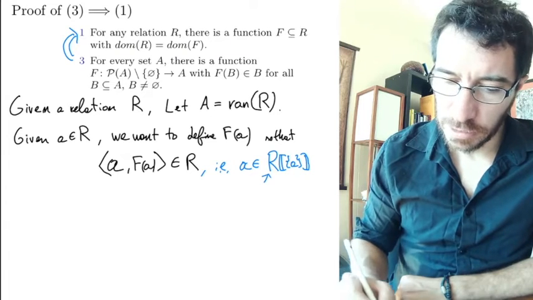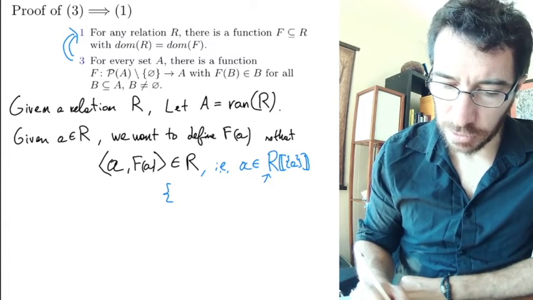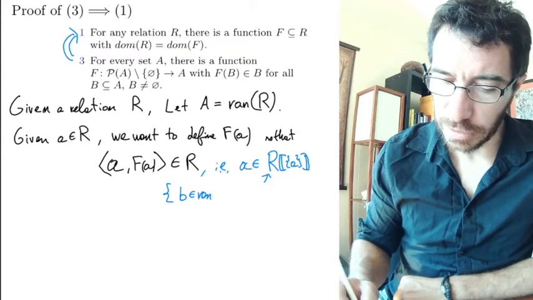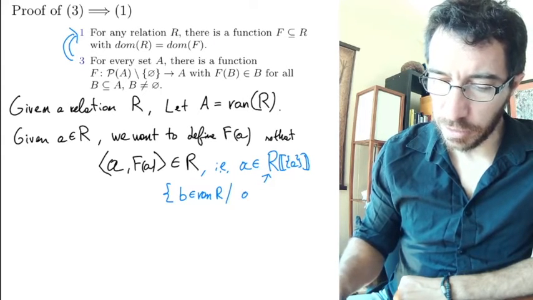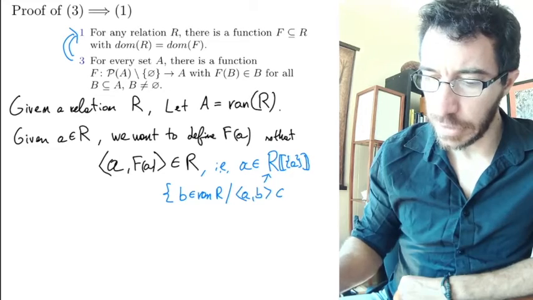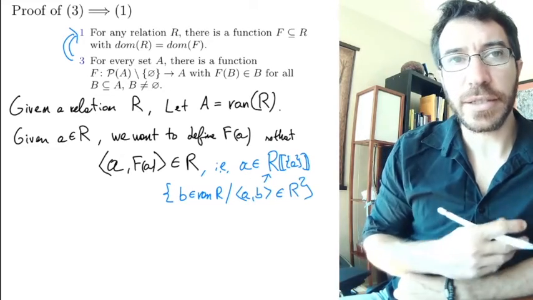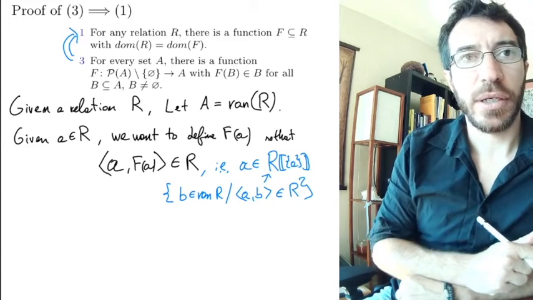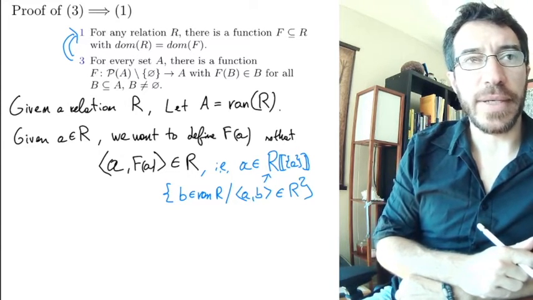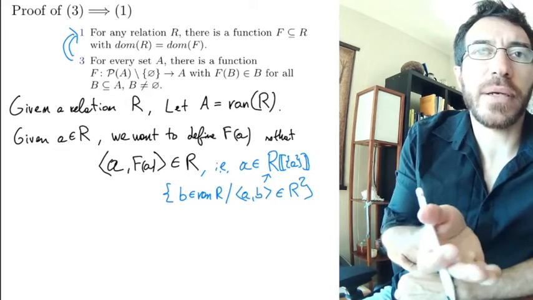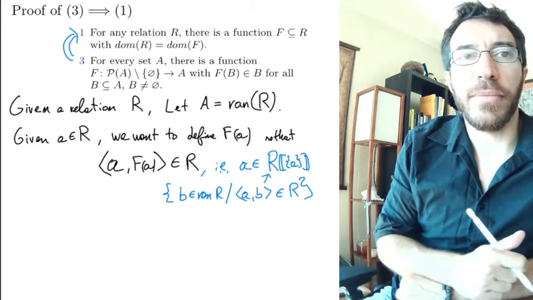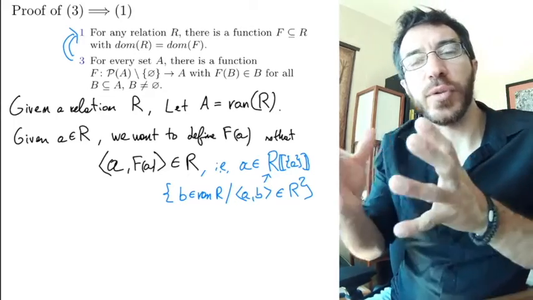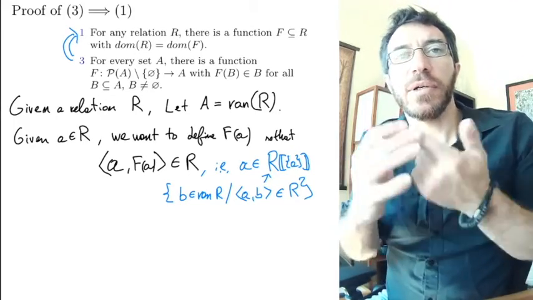This is the set of all the b's that belong to the range of R such that a comma b belongs to the relation. It's the set of all the things that are related to little a. So essentially we want to just pick one element from this set, from all the possible ones. There are many possible ones that are related to little a. We want to pick one.